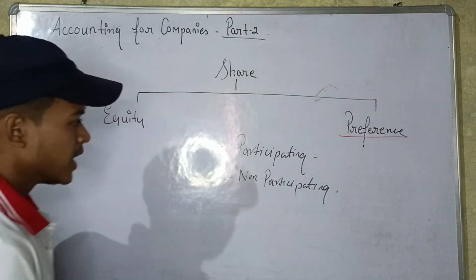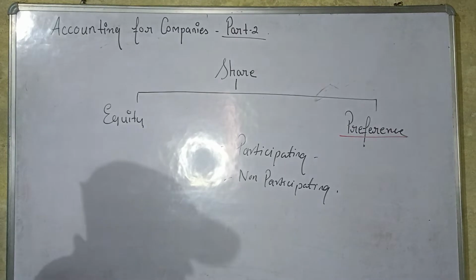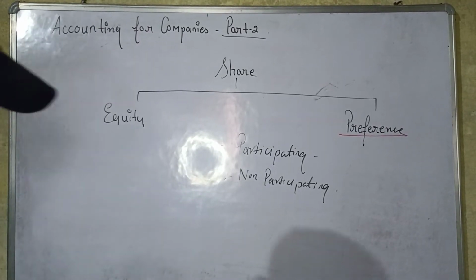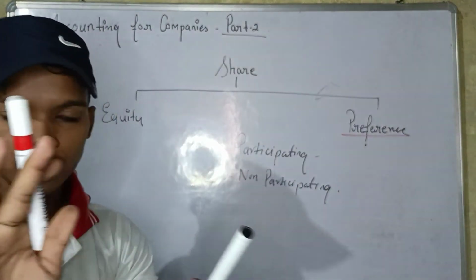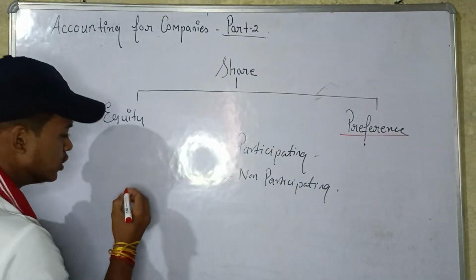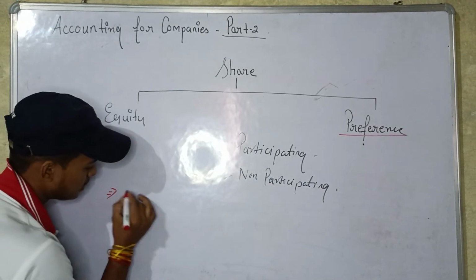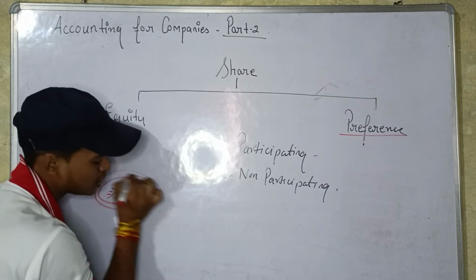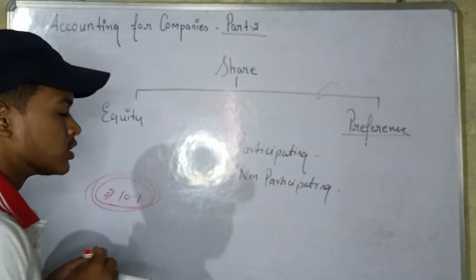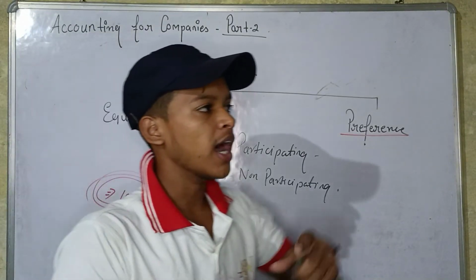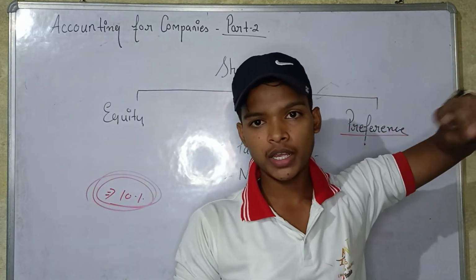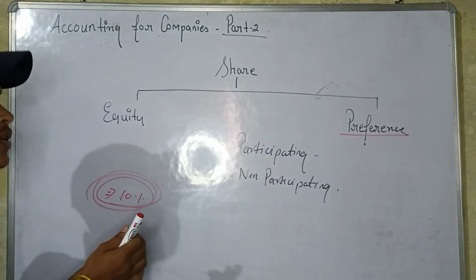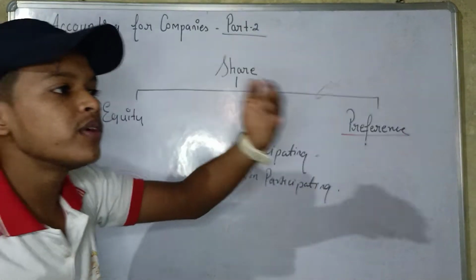Listen carefully. When you purchase the share, it is written that you will get a 10% dividend. Suppose the company earns a heavy profit, and then decides to give dividends above that.